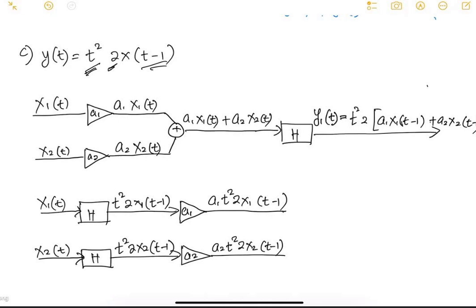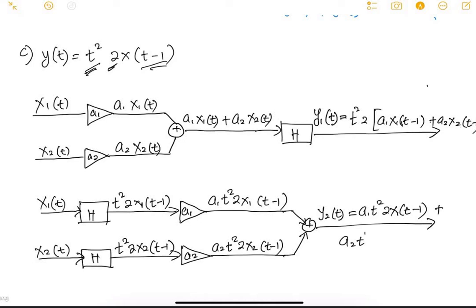Both of these signals are summed up, and then what will be the output? Let's say the output is y2(t) equals a1 t² x1(t−1) plus a2 t² x2(t−1).